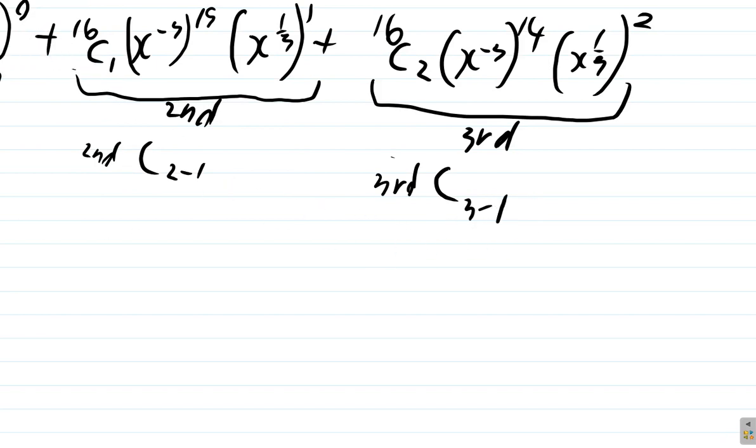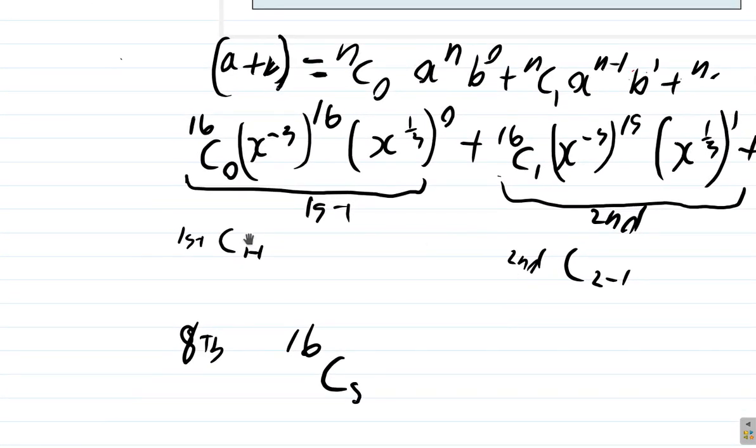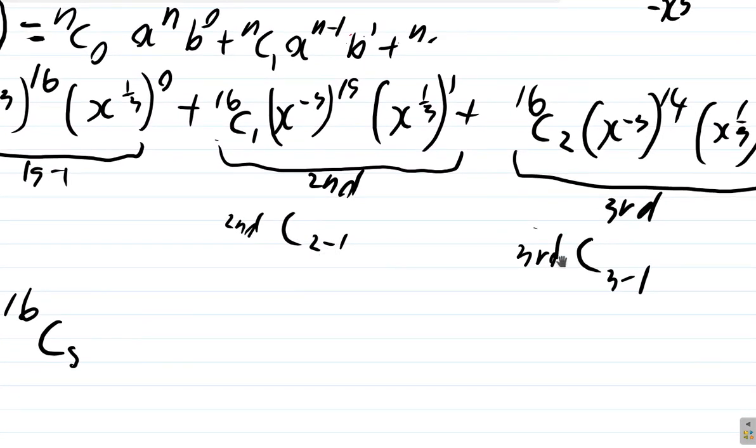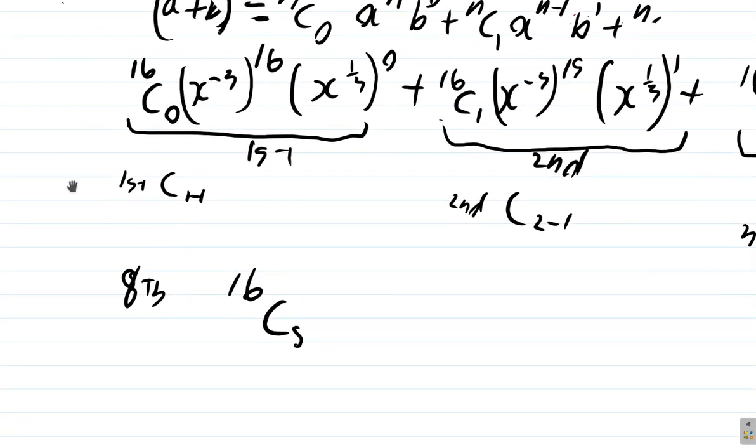So for the first term, C 1 minus 1. Term number 2, 2 minus 1. Term number 3, 3 minus 1. So term number 8, 8 minus 1. That's what the C is going to be. To the left is always 16, but to the right is the position minus 1. Alright.